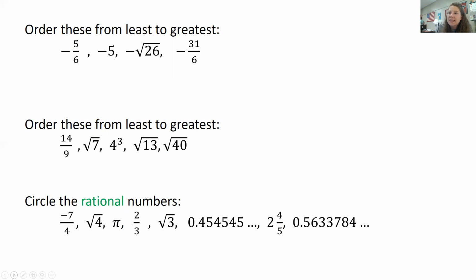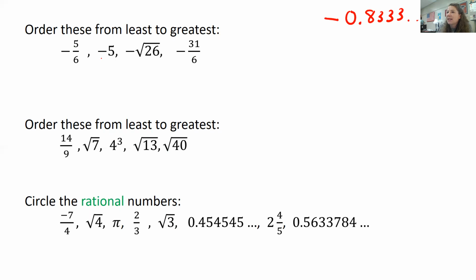So the easiest thing to do is to make them all decimals, okay? So let's use our calculator and figure out what these numbers are as decimals, all right? So -5/6, I just put it in my calculator, and I'm going to put them over here. -0.08333 forever, okay? That's the first one.